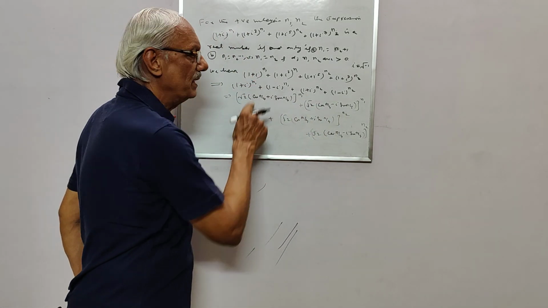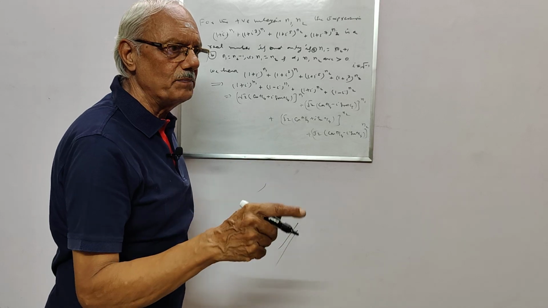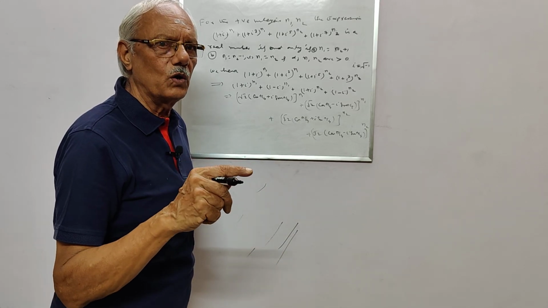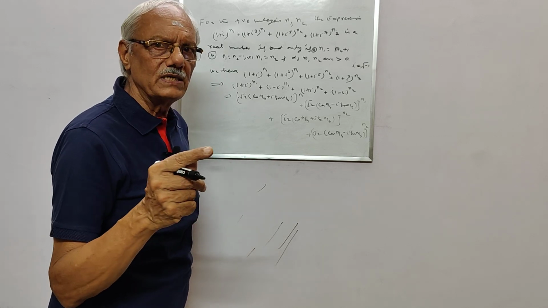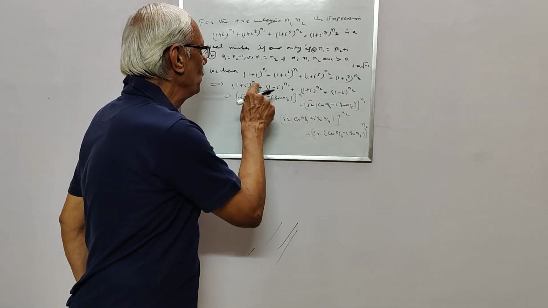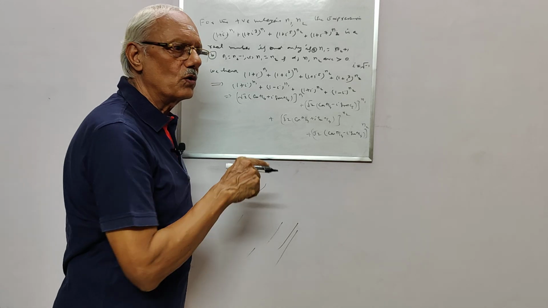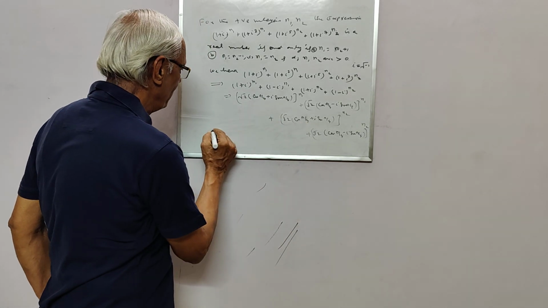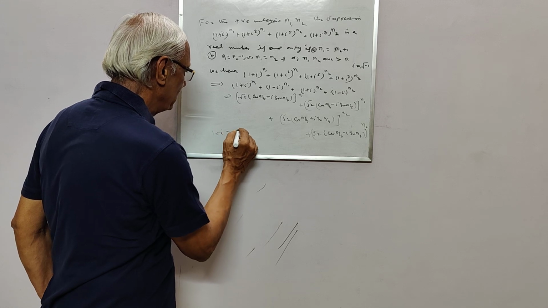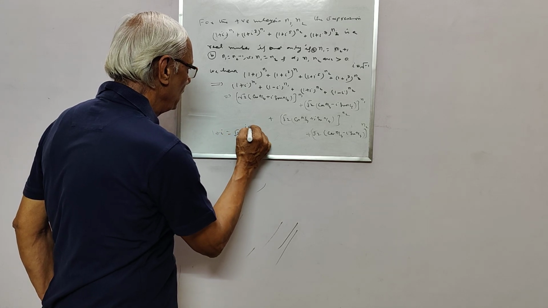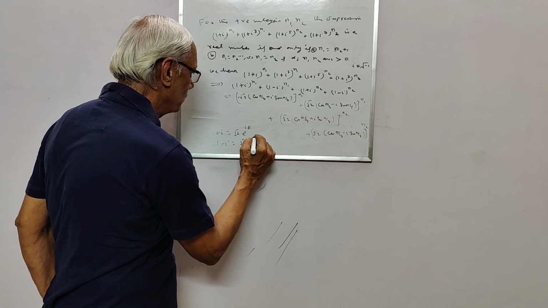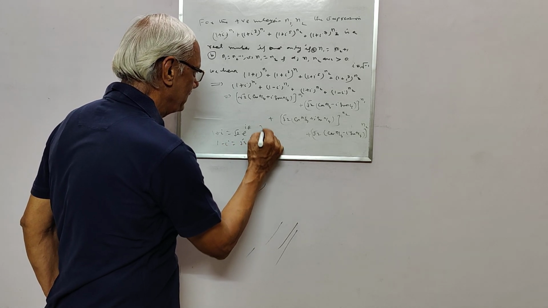That means in the place of 1 plus i I can replace it by the r theta coordinates, the polar coordinates. If you are going to replace this by polar coordinates, I will write 1 plus i is equal to square root of 2 into e to the power of i theta, and 1 minus i is equal to square root of 2 into e to the power of minus i theta.